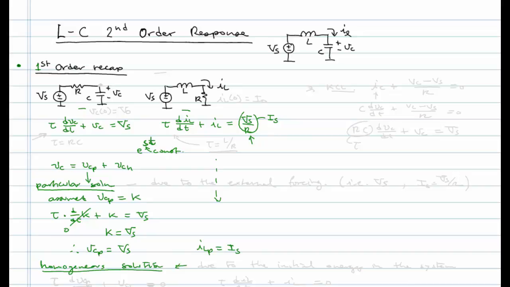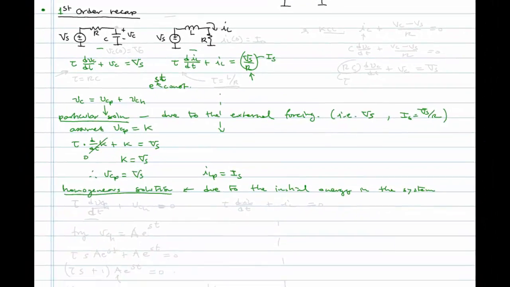And remember, this is due to the initial energy in the system, whereas the particular solution is due to the external forcing, in this case Vs over Is, which really is Vs over R. So for the homogeneous solution, we return to our differential equation and we set the right side to 0. And we did that for both cases.